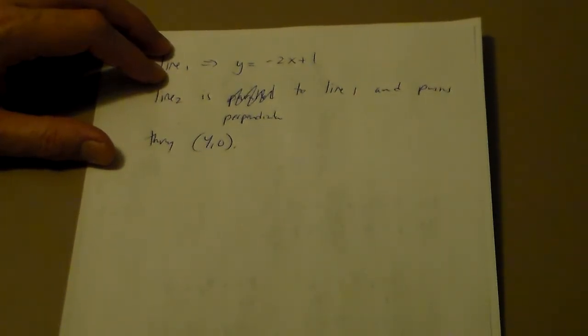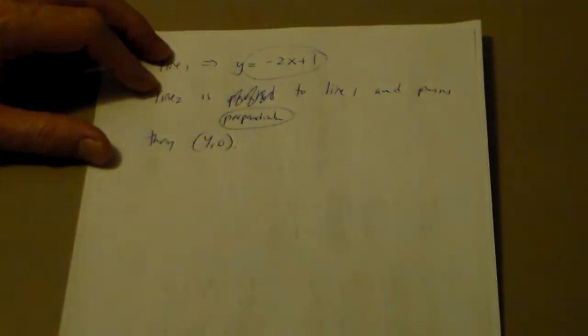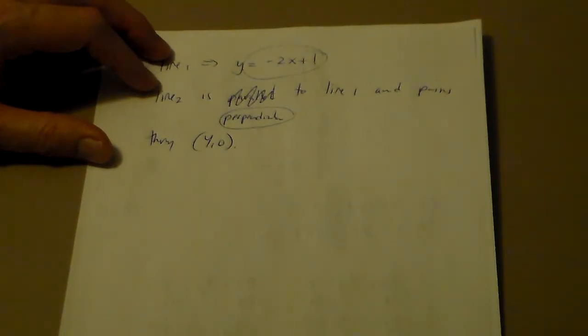What are the two things you need for an equation of a line? Yes, slope and y-intercept. Here they don't give us either of those, but they're talking about the slope and they say it's perpendicular to this one, so that gives us a hint about the slope. What's true about perpendicular lines?